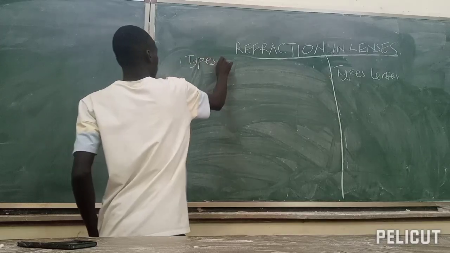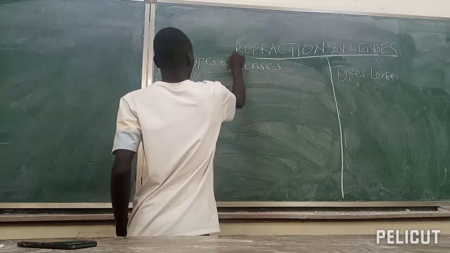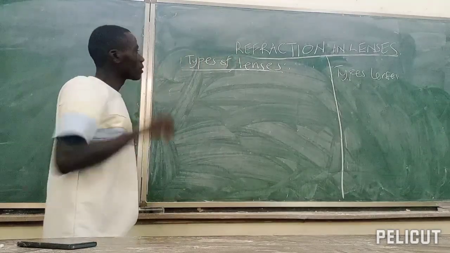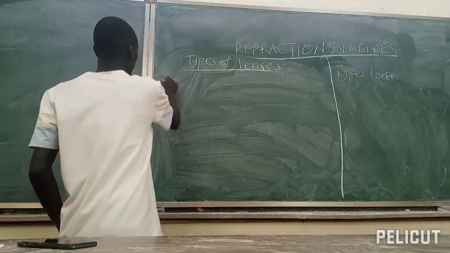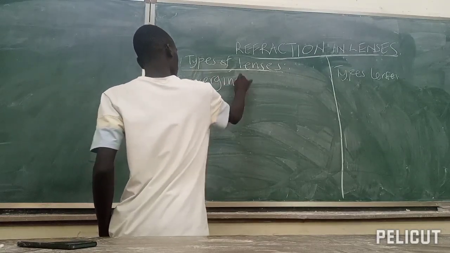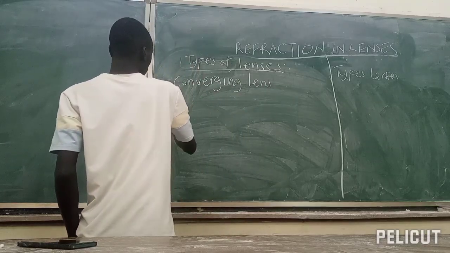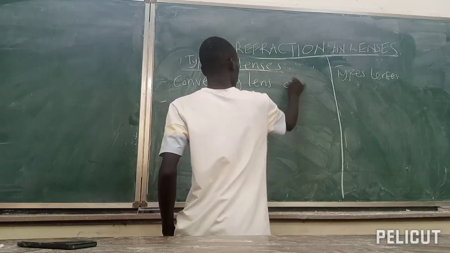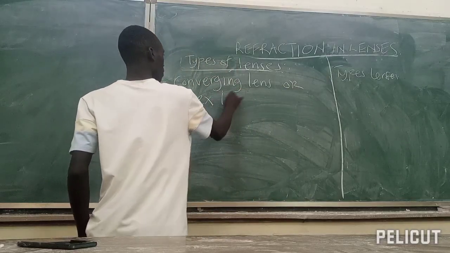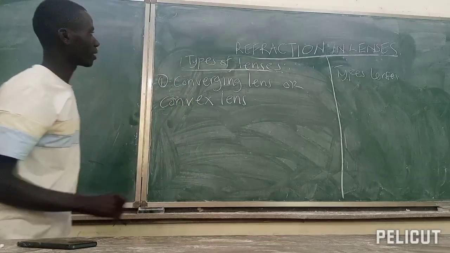So let us look at the types of lenses. First one we have here is the converging lens. Some people call it the convex lens. So we have the first one called the converging lens.